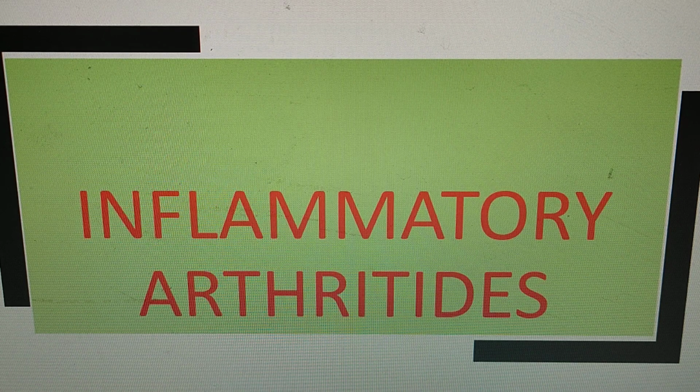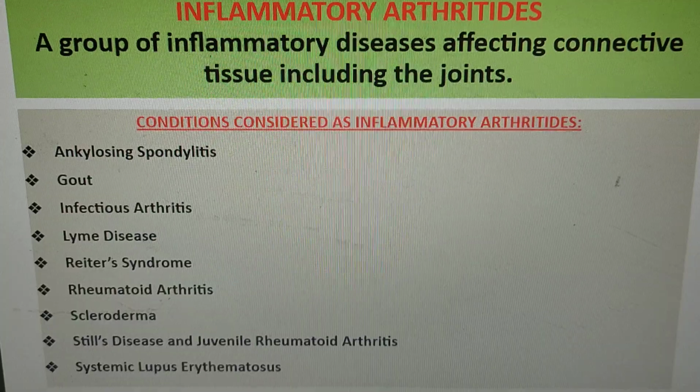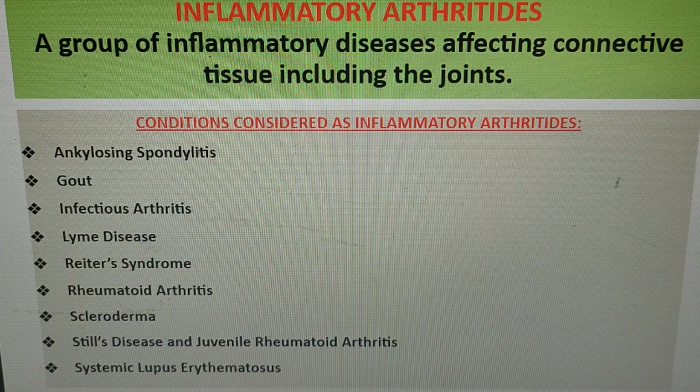So in this video, I'm going to discuss with you the topic about inflammatory arthritis, okay? So inflammatory arthritis is a group of inflammatory diseases affecting connective tissue, including the joints.